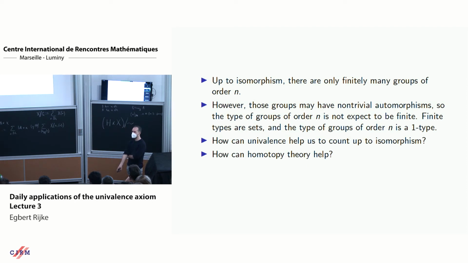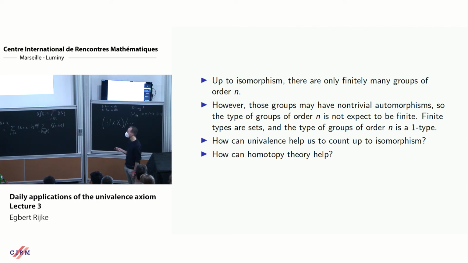But we still want to count up to isomorphism. And the question is now, how can univalence help us with that question? How can we count up to isomorphism with the univalence axiom? And this is not only going to apply to groups, but to any kind of structure.